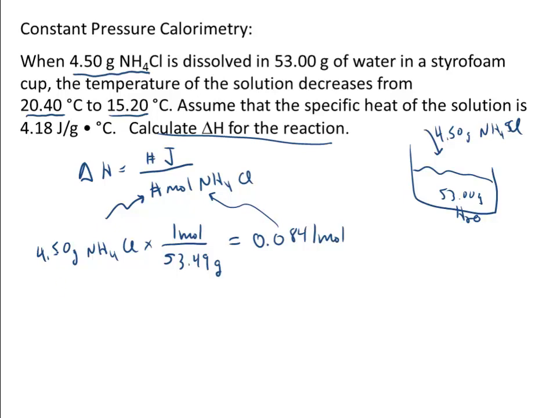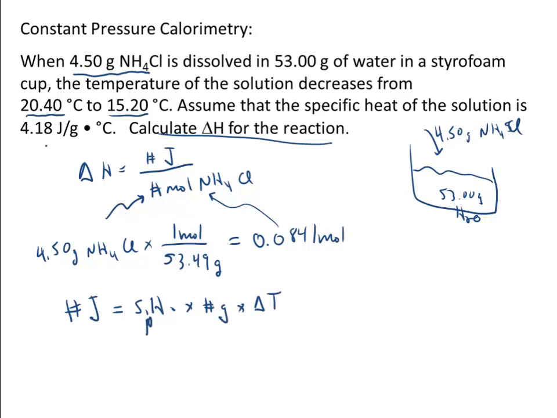The joules that are produced or absorbed are determined by the same equation we used earlier for temperature change. The number of joules is going to be equal to the specific heat of the substance changing temperature times the mass in grams times the temperature change.